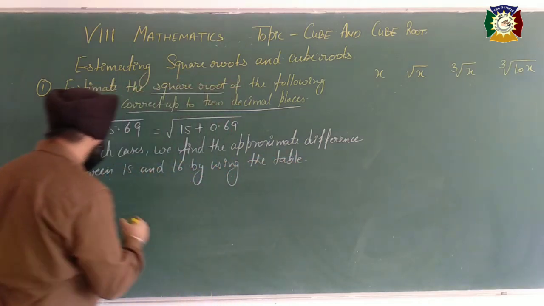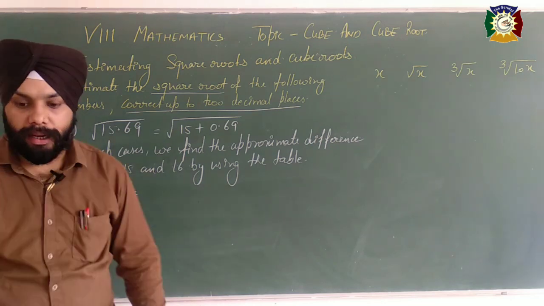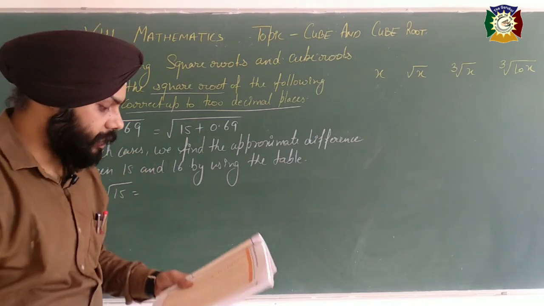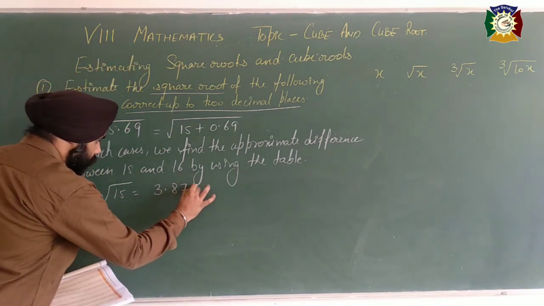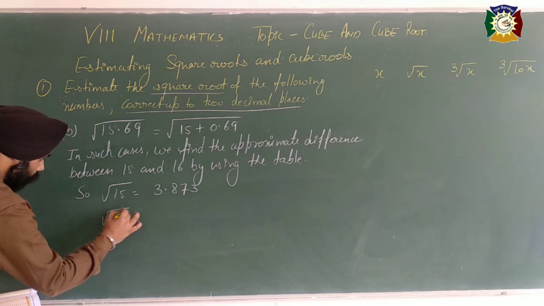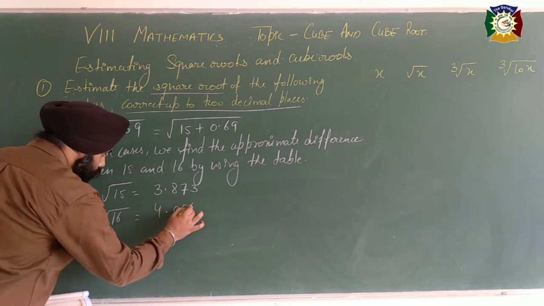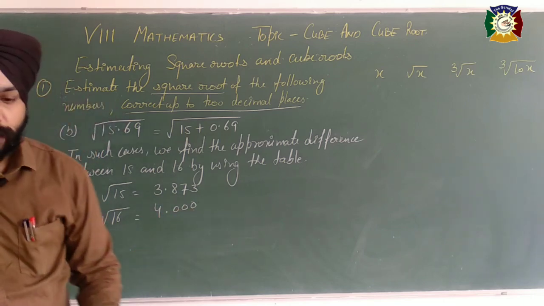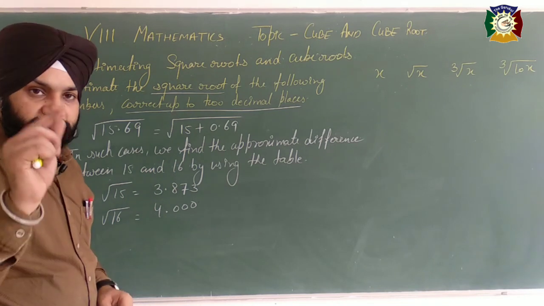From the table, the square root of 15 is 3.873, and the square root of the very next number, 16, is 4.000, or we can say 4. The difference between 15 and 16 is one number.